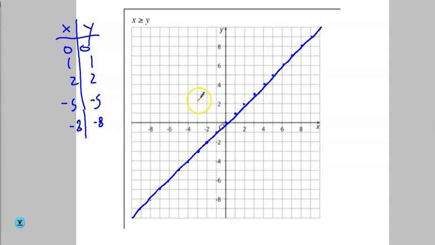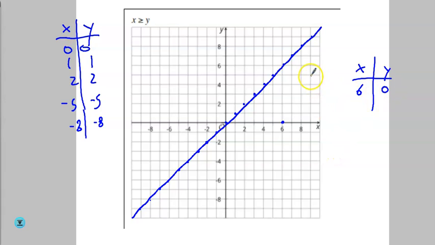So there's the line. So now we want to know which side is the x greater than the y? So if I just take a point that's on one side or the other, this point, the x is 6, the y is 0, is x greater than y? And it is. 6 is greater than 0.